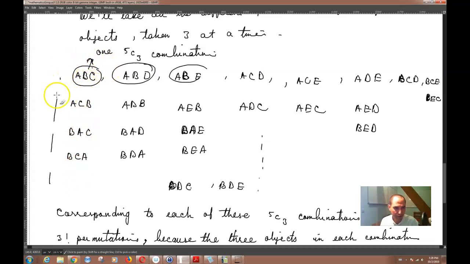For example, in the case of this column over here, you have only one combination, because you have the combination of the letters A, B, and C. So all of these are one combination.